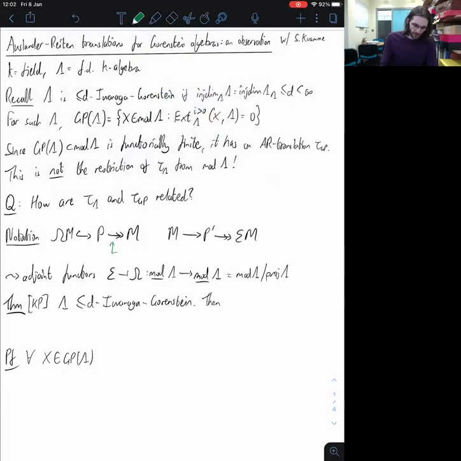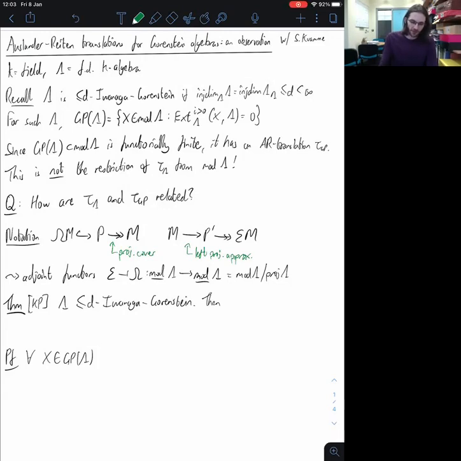This is a standard piece of notation: I take a projective cover of M and I take its kernel, and I'll call that omega M. The other, slightly less standard thing to do is I can take a left approximation by projectives, and I can take its cokernel, and I'll call that sigma of M. And then I obtain an adjoint pair of functors. Sigma is left adjoint to omega as functors on the stable module category of Lambda, i.e.